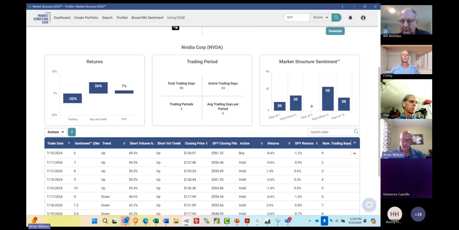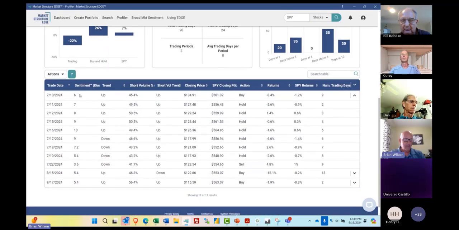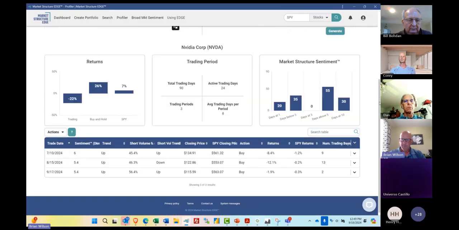You can see what that looks like just by clicking on the arrow. You can see that you're buying when NVIDIA goes above 5, and then you're selling when it goes back below 5 back in July 22nd, and it gives you the number of trading days that occurred there.